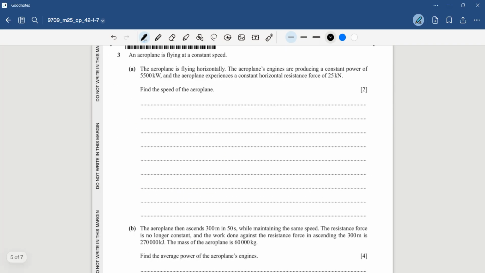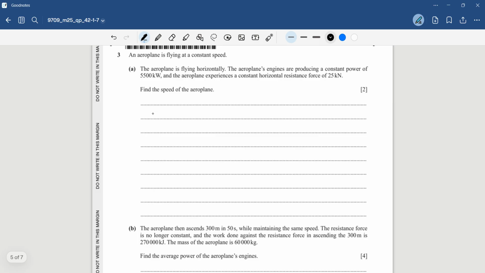Question number 3. An aeroplane is flying at a constant speed, flying horizontally. The aeroplane engine produces a constant power of 5,500 kilowatt, and the aeroplane experiences a constant horizontal force of 25 kilonewton. Find the speed. For this you can directly use the power formula.